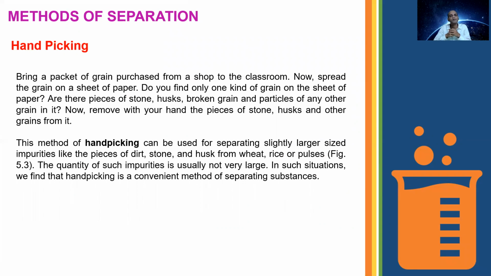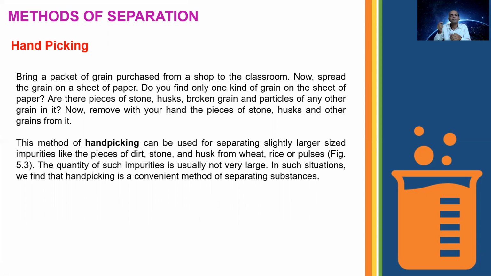Hand picking, where you use जहाँ पर substance बड़ा होता है, where the substance is big enough to be separated by hand. हाथ से जो अलग हो सकता है, that is called hand picking, right? This process of hand picking is used when the things are big. जैसे कि suppose sometimes when you buy rice from a shop, there are some small stones.